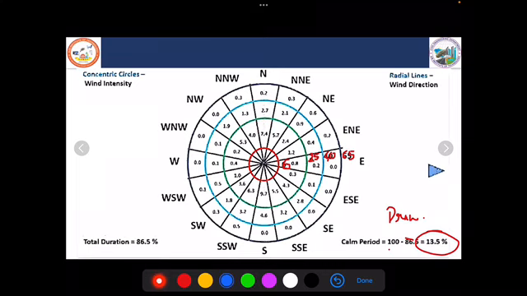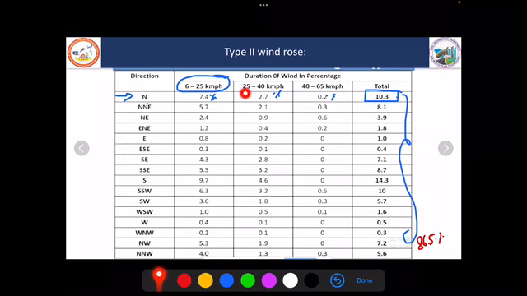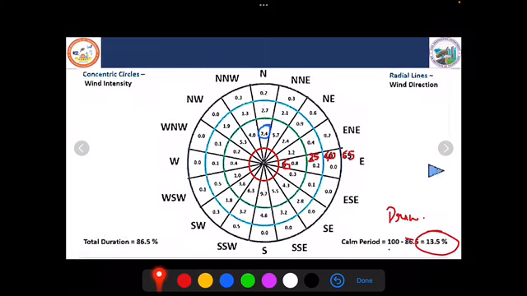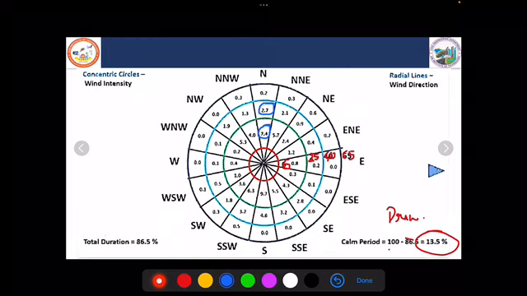So that 7.4 value I'll write in the particular sector in between 6 and 25. The next is in between 25 to 40 kmph, where the duration is 2.7. In between the 25 line and the 40 line, I'll write the duration of 2.7.